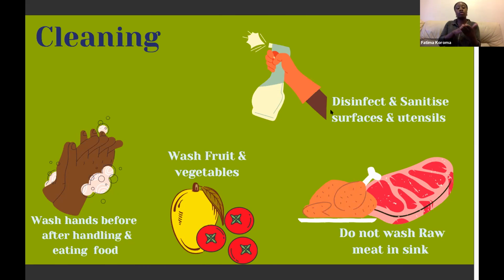The bottle normally says leave it on for, let's say, 5 minutes on the worktop, the knife or the chopping board, so it sits properly on the utensil or surface and the bacteria are able to die. That's an important thing to follow, so that even the bacteria you're not able to see are dealt with when you don't take precautions and clean properly.